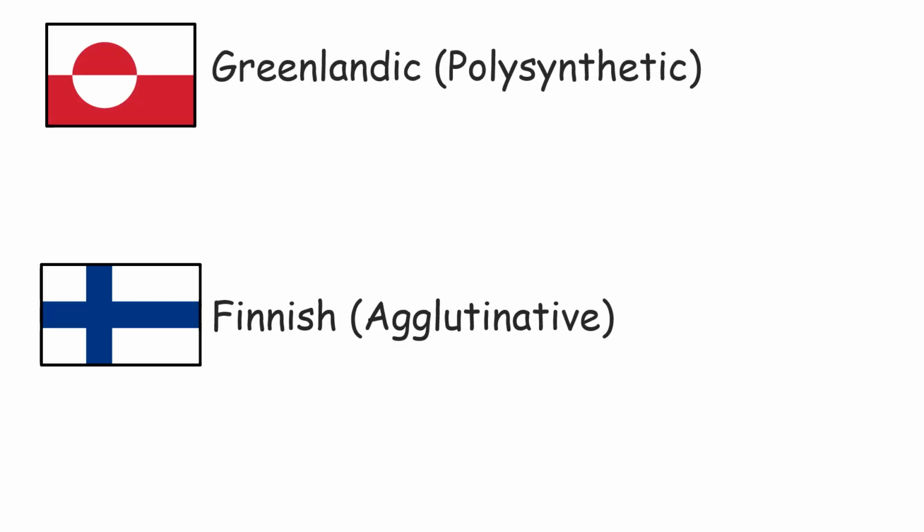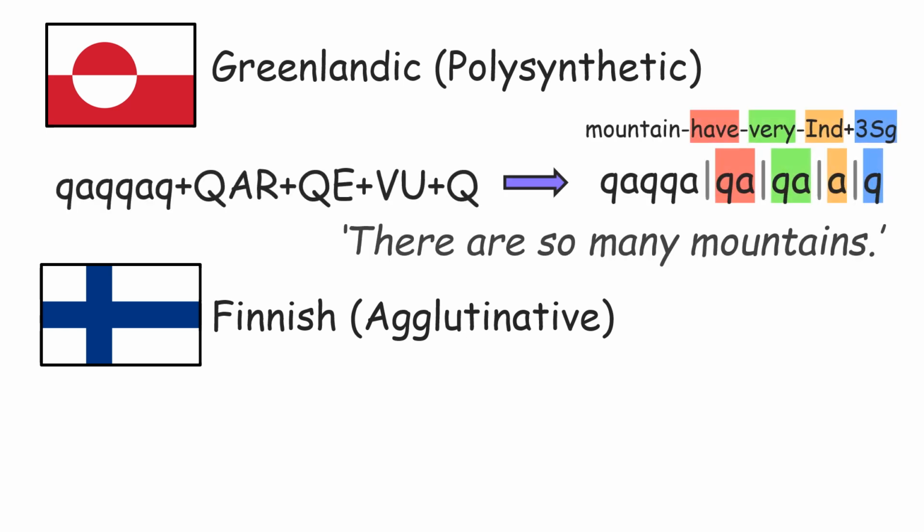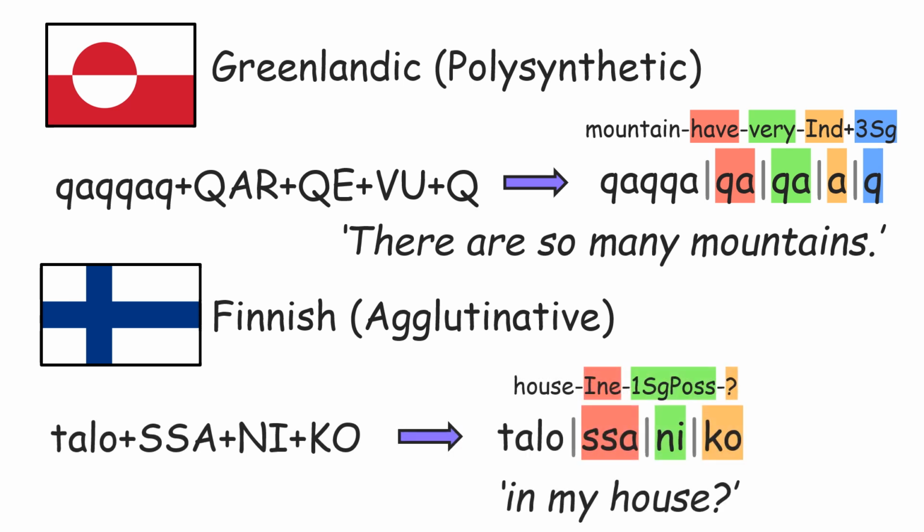Allow me to make a quick comparison between Greenlandic, a polysynthetic language, and Finnish, an agglutinative language. In Greenlandic, individual morphemes are sometimes hard to identify in words due to the deletion, fusion, or even insertion of sounds. In agglutinative languages, such as Finnish, individual morphemes tend to remain more distinct. For example, when joining the following morphemes, we can simply glue them together to obtain the word talossaniko, which means in my house, question mark?